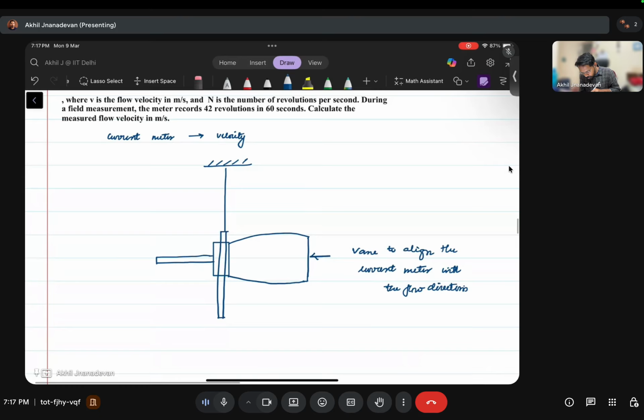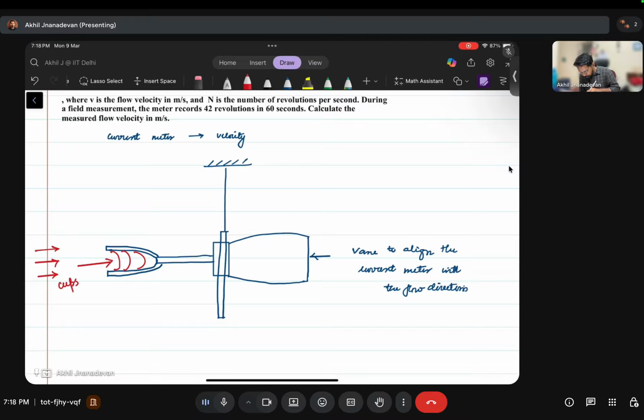Then this is connected to a rotating cup system, and inside this we have different cups. This is called cups, and the water is flowing in this direction.